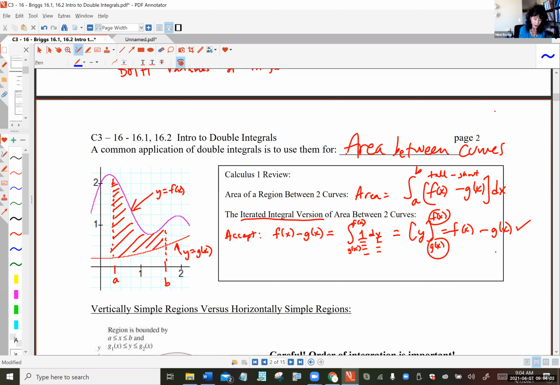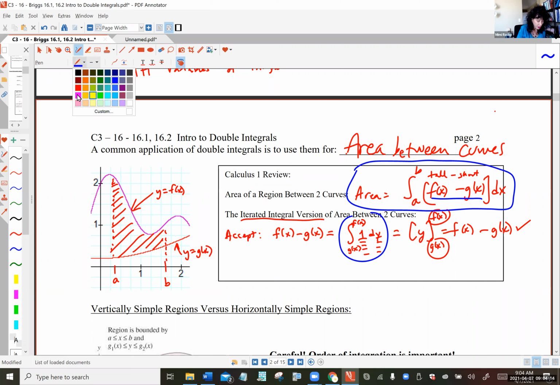So what I'm going to do is look at my Calculus 1 single integral and replace the integrand with this. In other words, my area for us here in Calc 3, area between curves, will still have the outermost integral going from A to B and integrate with respect to x.